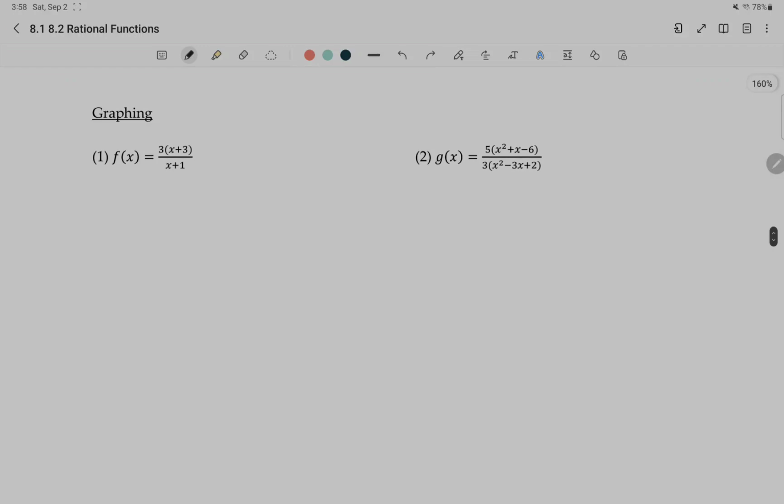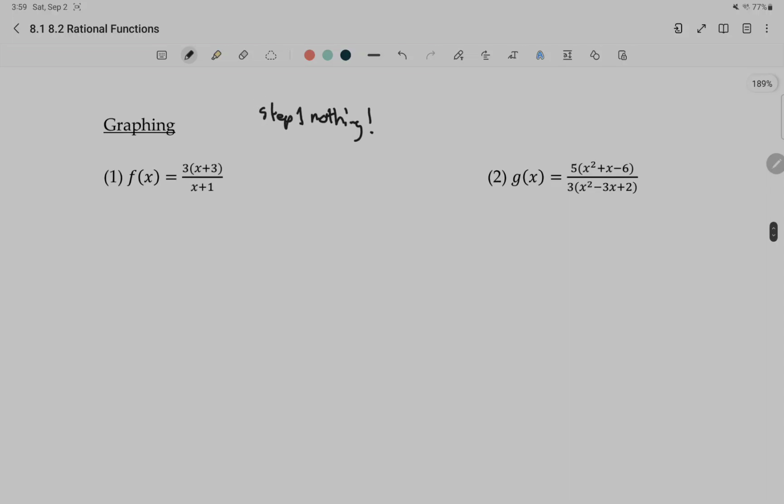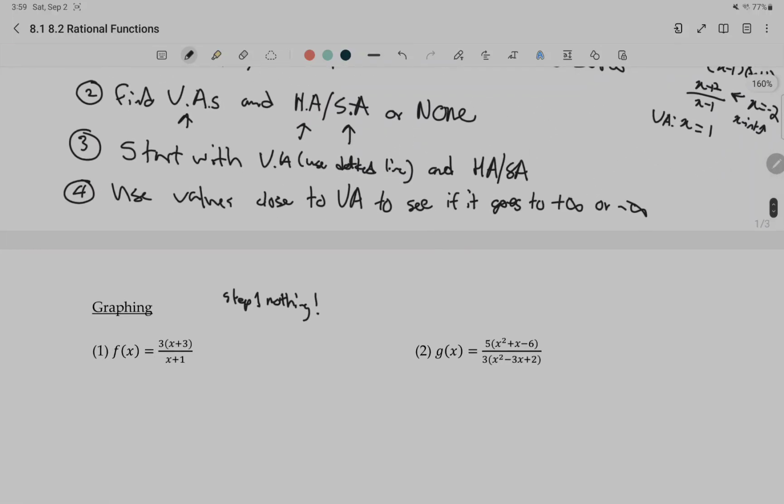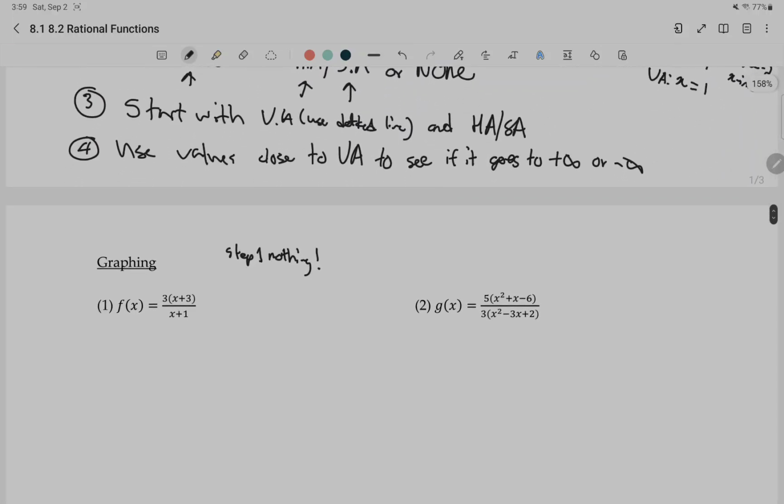All right, so first step, can we factor, simplify, or divide anything out? No. So our step 1, nothing for us. All right, so step 2, what was our step 2? Find vertical asymptotes and horizontal asymptotes.